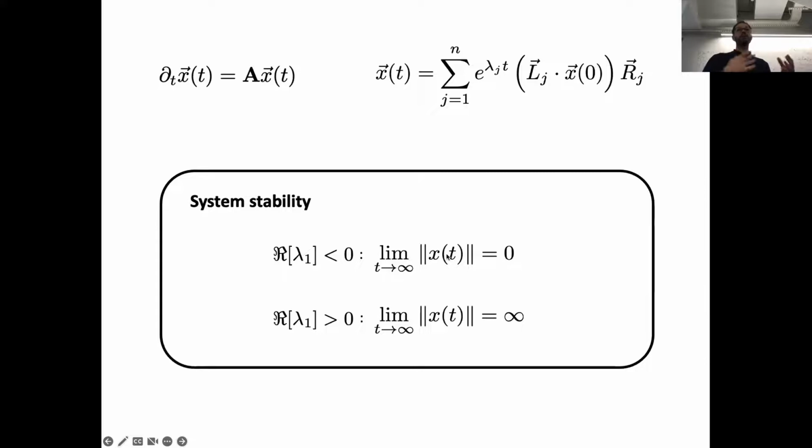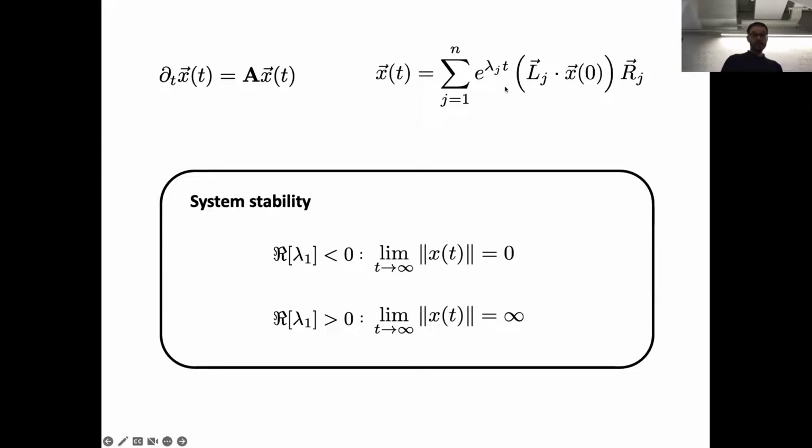We say that the system is stable because it converges back to the origin. On the other hand, if the real part is positive, then in the limit of large times, the norm diverges. And this means that the fixed point is unstable. So that's the interpretation we can give to the leading eigenvalue of this matrix for dynamical systems.